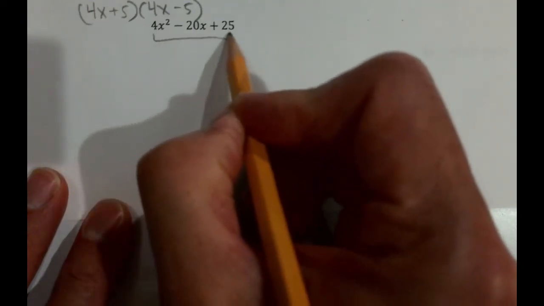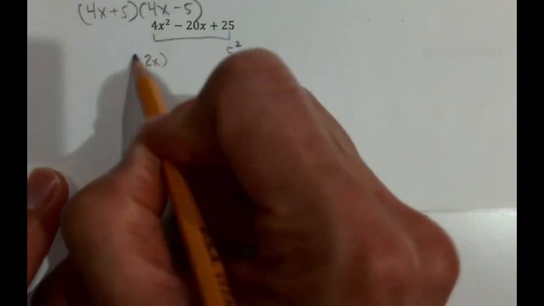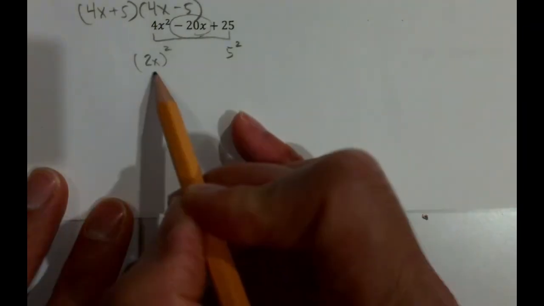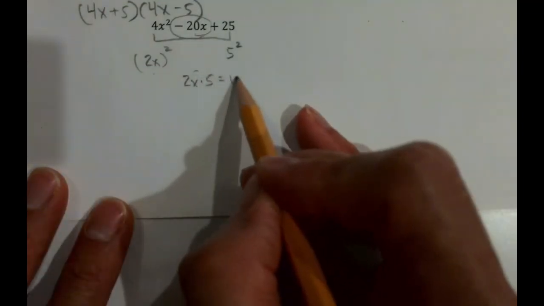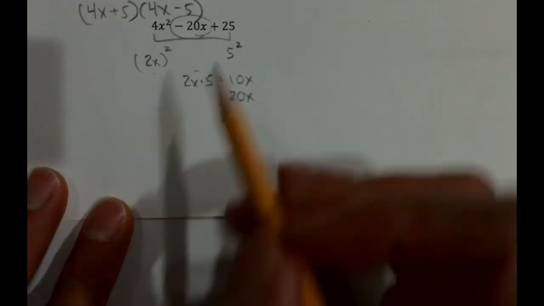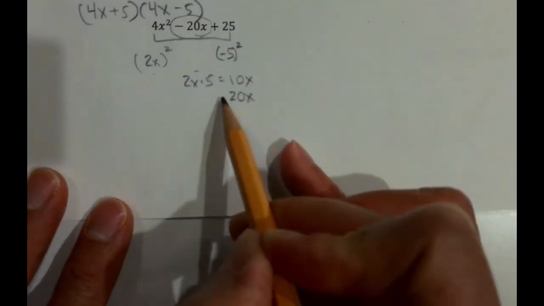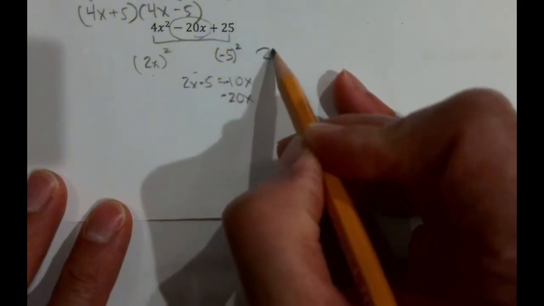And you can also do that factoring by grouping, or maybe you recognize this is 5 squared, this is 2x squared, and then to check whether or not this term fits, you would take 2x and 5, which is 10x, double it, and it indeed fits. As long as this is negative 5 squared, then this is negative 5, that's negative 10x, and that's negative 20x. So then this is 2x minus 5 squared.